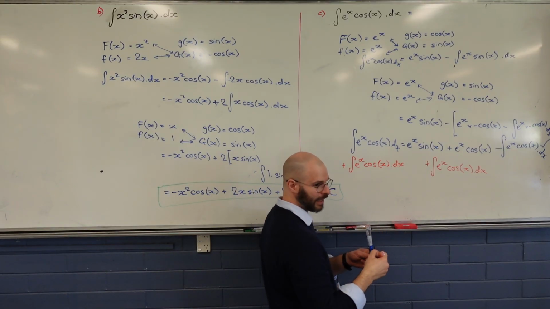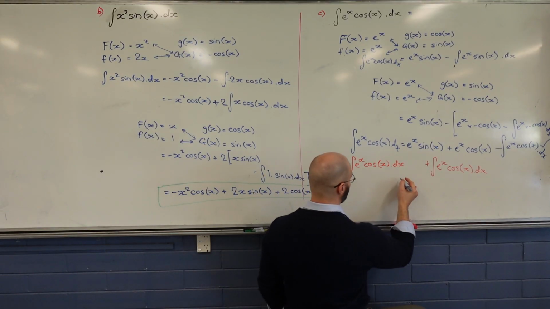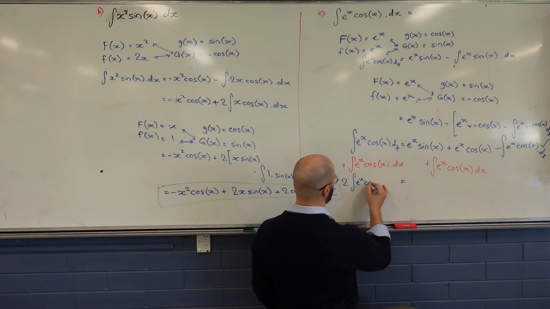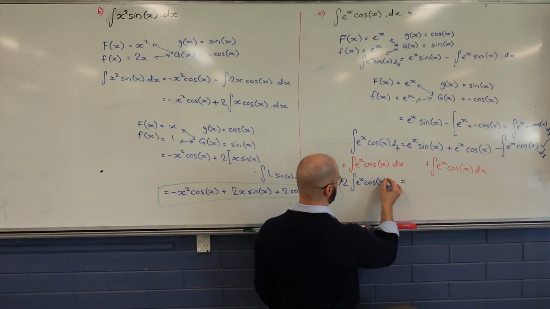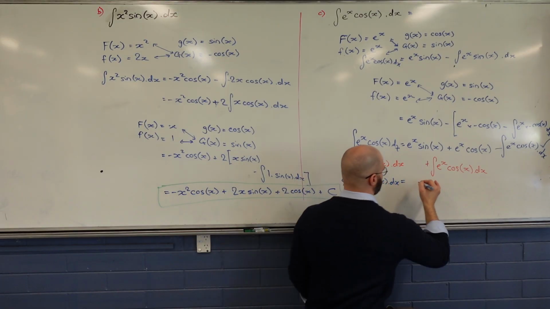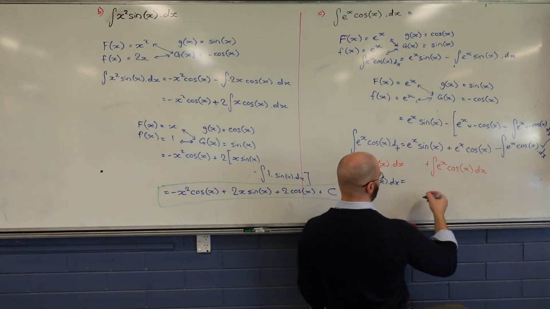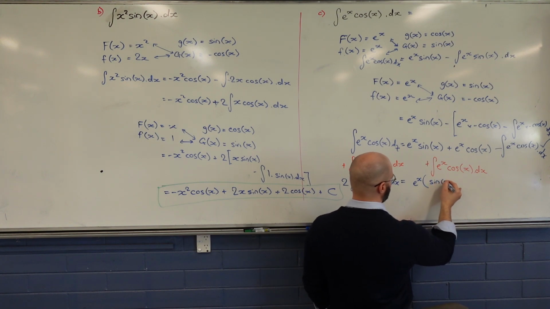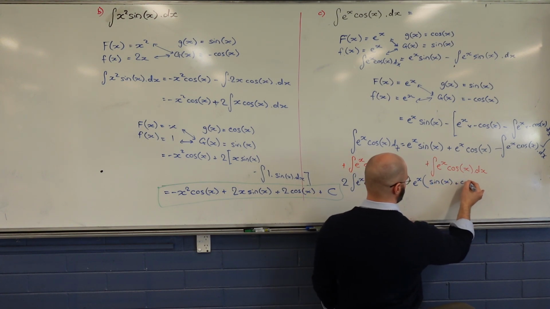Are we allowed to do that? Yeah, I don't see why not. So that's going to be 2 lots of the integral of that. Then we have e to the x, in brackets, sine x plus cos x.